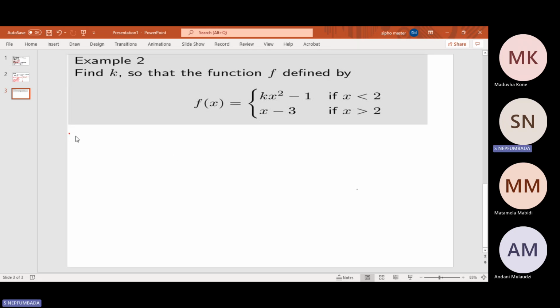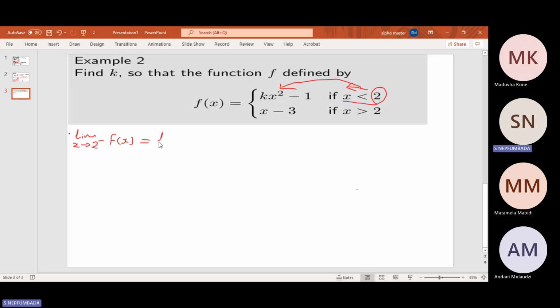First of all, we find the limit of x approaching this number. Since this sign is only left, it's going to the left, which is 2 from the left, of the function f at x, and that function f at x is this function.